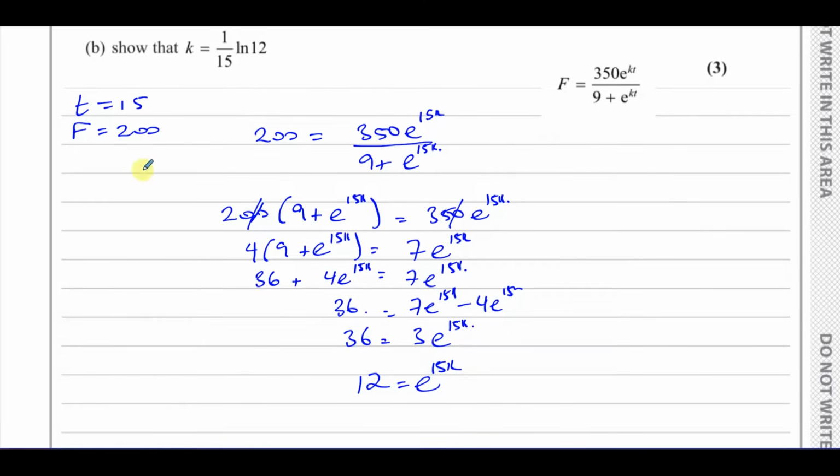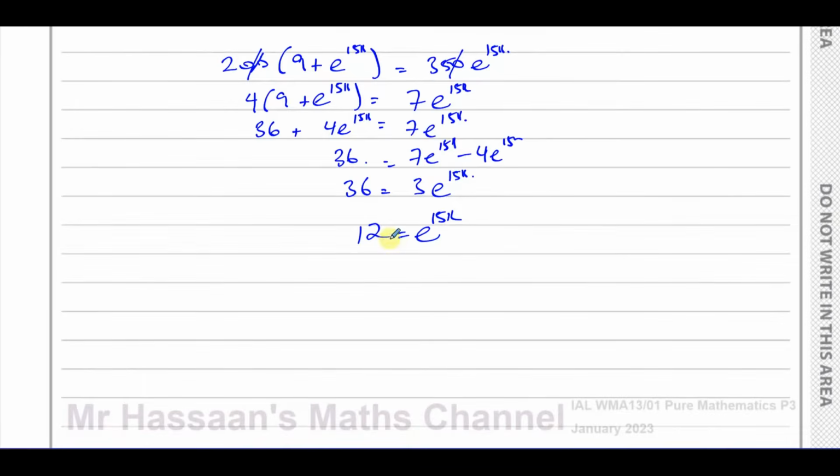Now we want to find what k is and show that k is 1 over 15 ln 12. We want to free this k from the power. It's in the index, so we do that by taking log to the base that it's being raised to. So it's log to the base e, which is ln. If you take ln of both sides of this equation, this side becomes ln 12, and this side becomes 15k, because ln of e is 1.